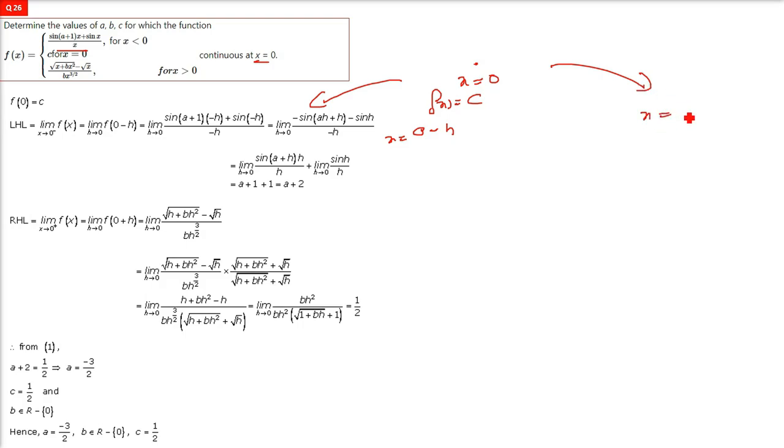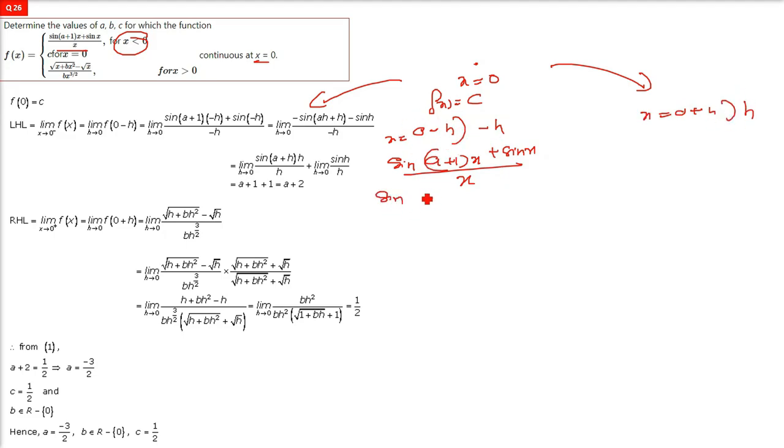On the left hand side we'll take x as 0 minus h, and on the right hand side we'll take x as 0 plus h. For x less than 0, the function is sin of (a plus 1) into x plus sin x, divided by x. First left hand side we'll do, then we'll go to the right hand side.